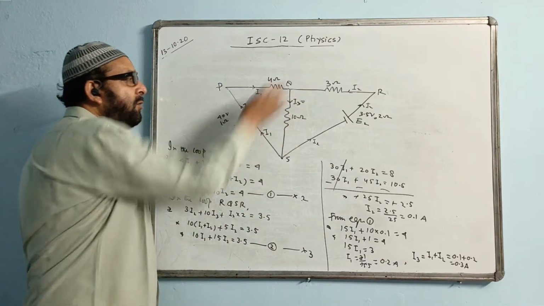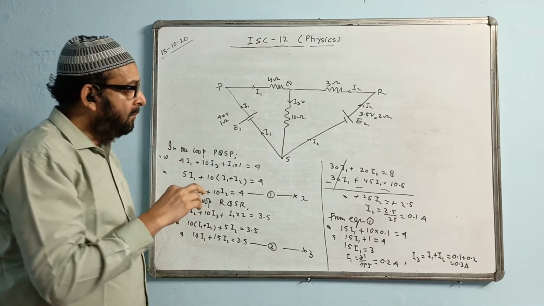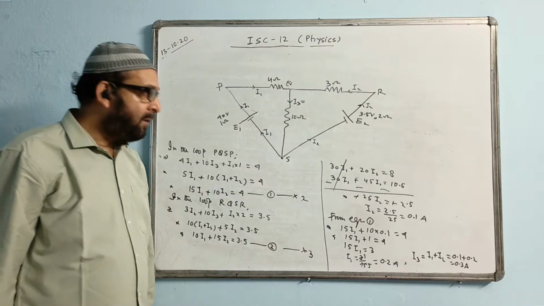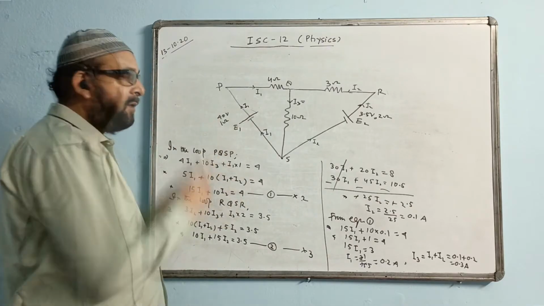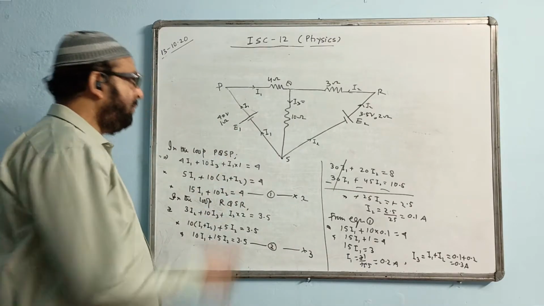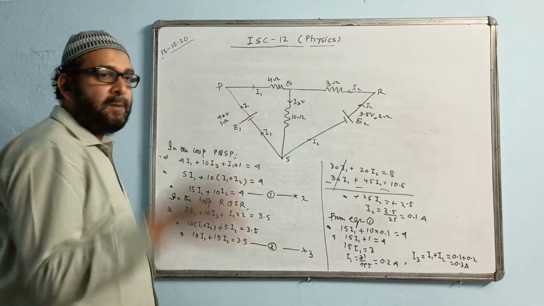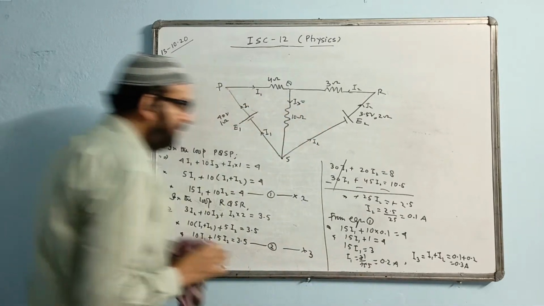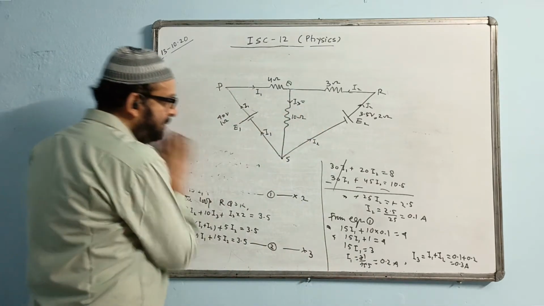Voltage across this will be equal to 3 volt. They can show that network diagram, so you will use Kirchhoff's law using a network or the closed loop, and you will be able to find the answer. Okay, Kirchhoff's law I think understood.